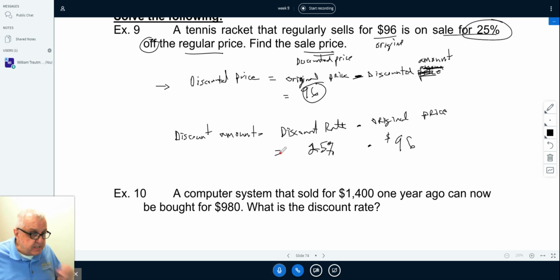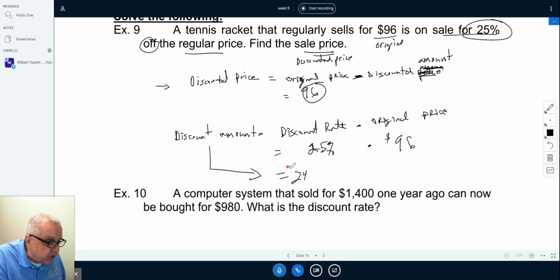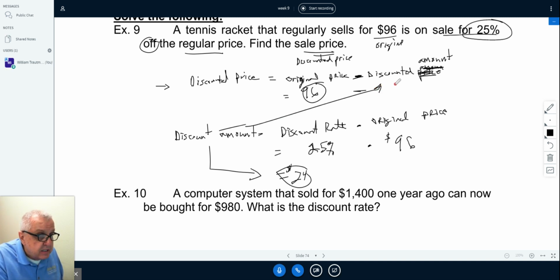So 25% times 96 on my calculator. I have to hit 25, second, the percent symbol, times $96. And I am discounted $24. That's not the answer. We have to subtract. This is the discount amount, right? The discounted amount is $24.